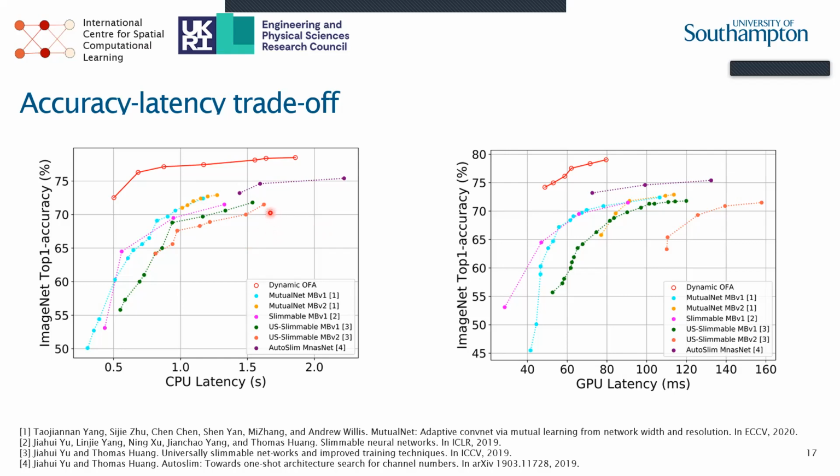I see. Also, if you just consider the naive once-for-all method, if you want to change to another subnetwork to meet new hardware resources or new constraints, you first need to do the search as well. You first need to find that model.